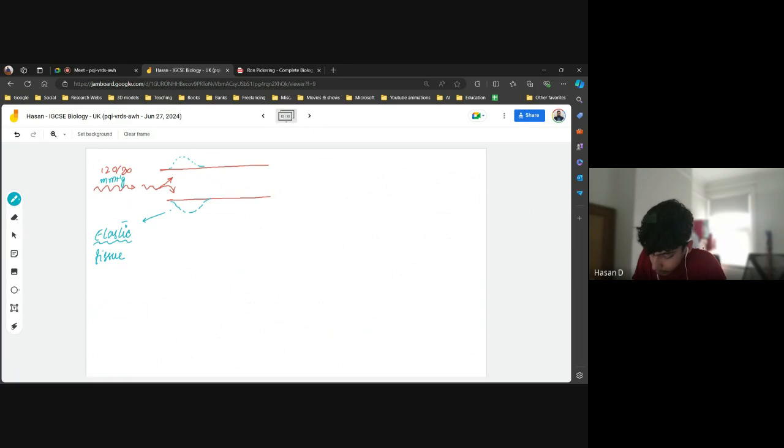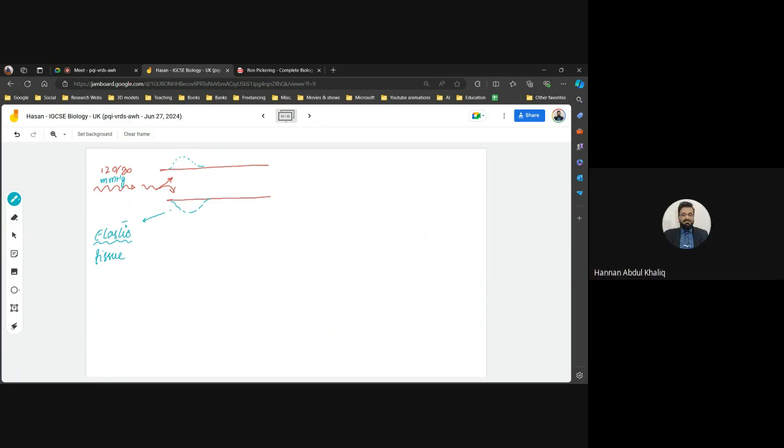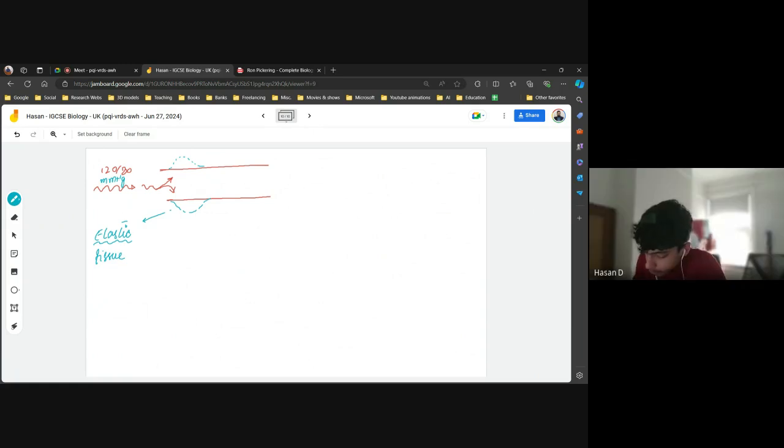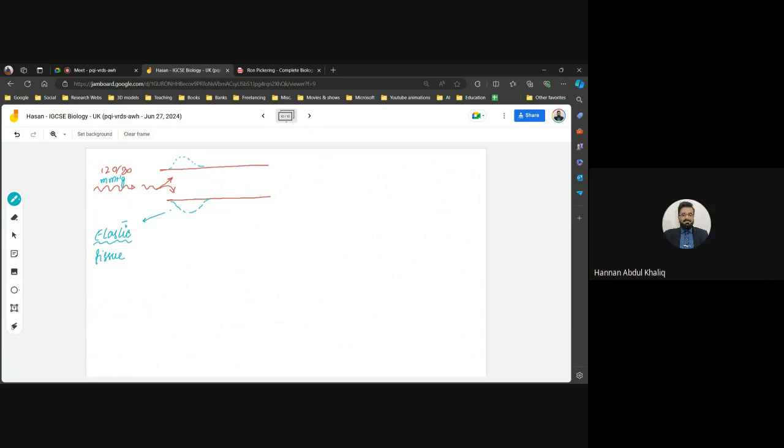That it can stretch, and it would go back to its normal shape after stretching. This capability is called elasticity, that a material can be stretched, but it would go back to its original shape after getting de-shaped. So now what's going to happen is that this particular swelling would recoil.